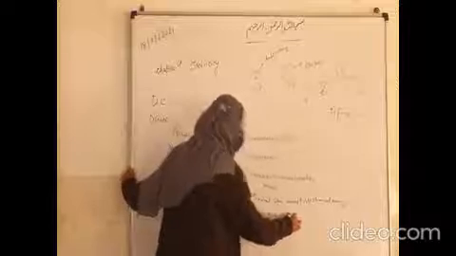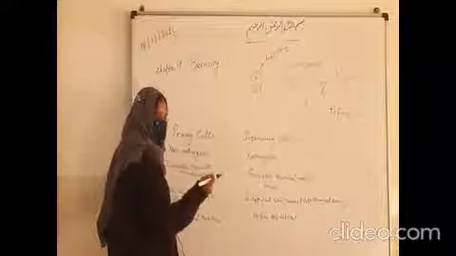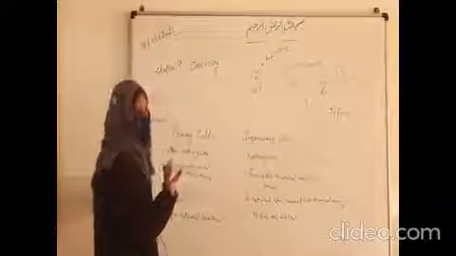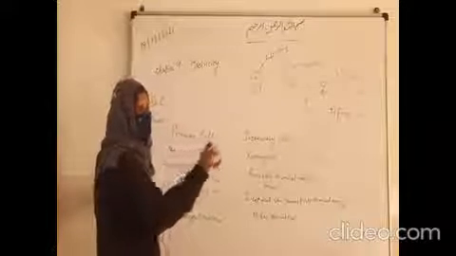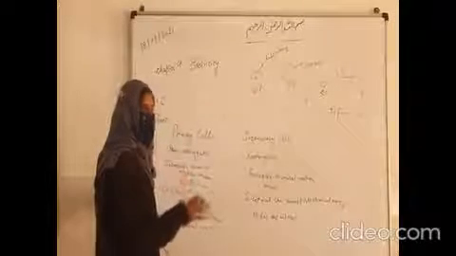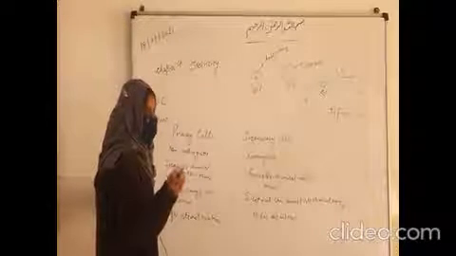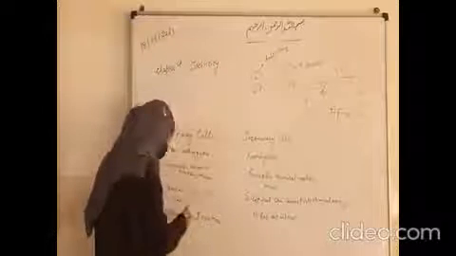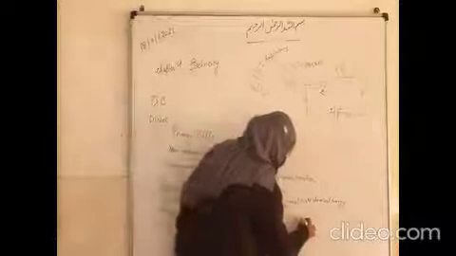If internal resistance is low, then only you will be able to draw out more current. Resistance here is acting as friction. If resistance is low, you will be able to draw out more current. If resistance is high, you will be able to draw out less current. So high internal resistance, low internal resistance.